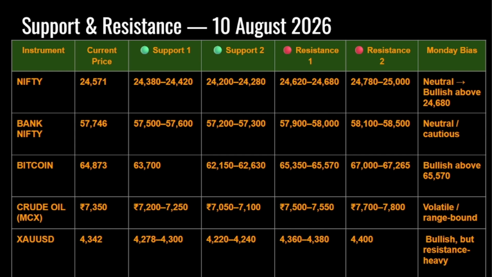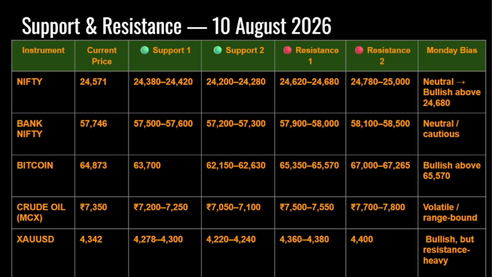Now coming to crude oil for MCX, the reference price is 7,350 rupees. The first support zone is 7,200 to 7,250. The second support zone is 7,050 to 7,100. On the upside, the first resistance is 7,500 to 7,550.